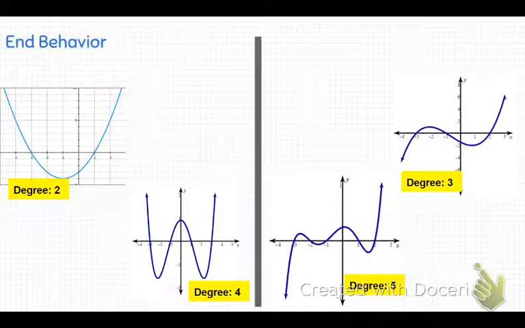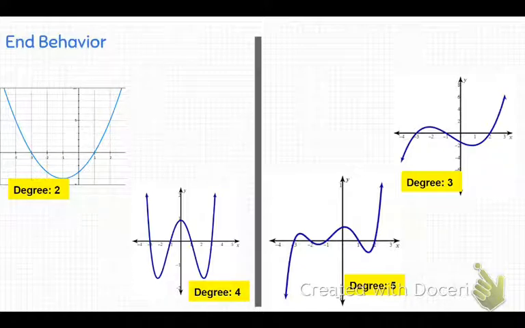Drawing. But let's talk about this. If you look on the left side over here, what do you notice about both of those degrees? What kind of numbers are 2 and 4? They're even numbers. So what do I notice about the right side? They're odd. And what do you notice about the graphs themselves? You see anything about their end behavior?